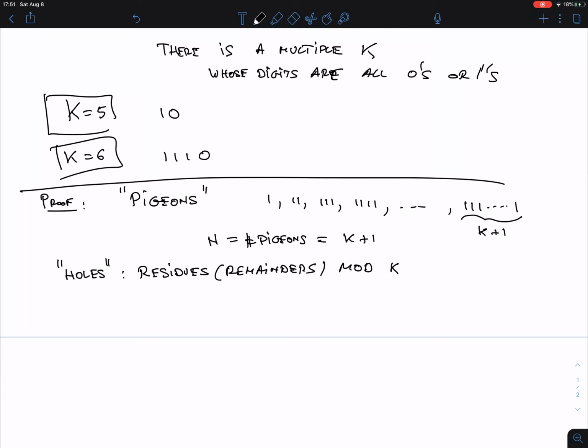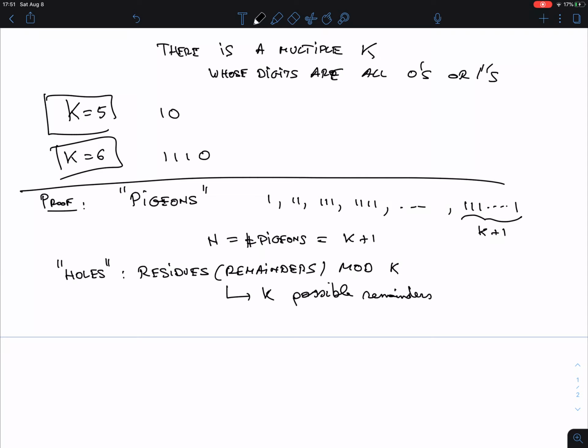Every number has a remainder when you divide it by a given k here. So for instance, if I have k is 6, what are my possible remainders? 0, 1, 2, 3, 4, and 5. So how many possible remainders are there? There are k possible remainders, right? Exactly as many as the number you divide by. You agree with that?